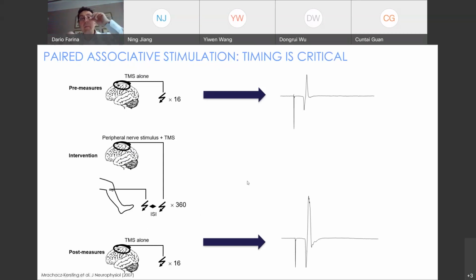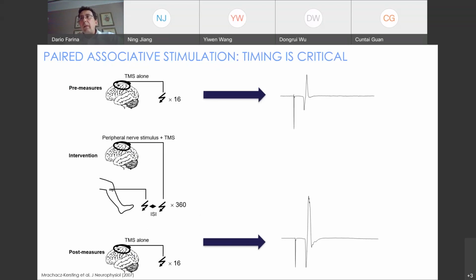So again, the concept here is that timing is crucial, and associative paradigms of this type are related to so-called associative plasticity, when we have two events that have to be synchronized in time with a very specific delay in order to promote a plastic effect.